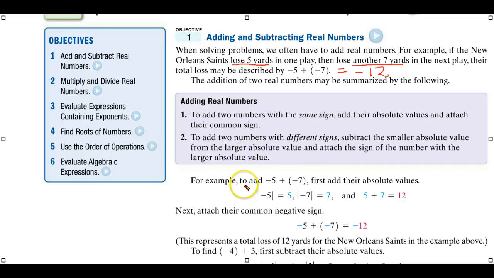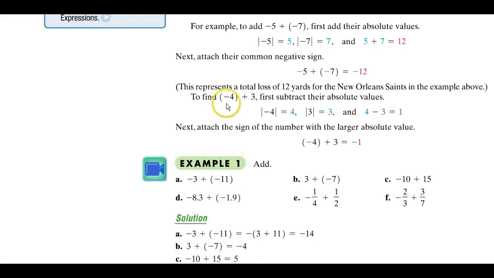If they're different signs, as we look down here, in this scenario, let's say one is negative and the other is positive, well, they're suggesting you take the absolute value of the negative 4, which is 4, the absolute value of 3, which is 3, subtract the smaller from the larger, which is 1, but then use the sign of the larger absolute value, which is negative.